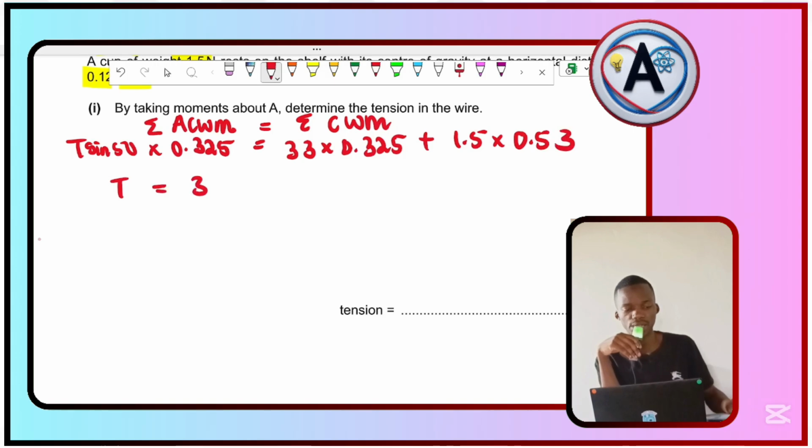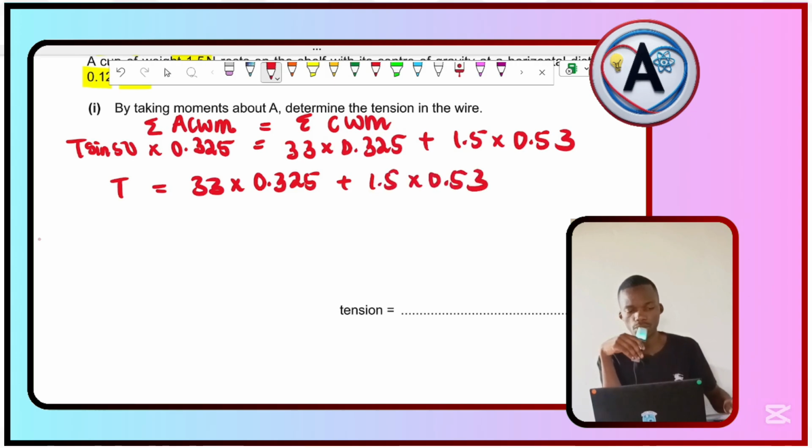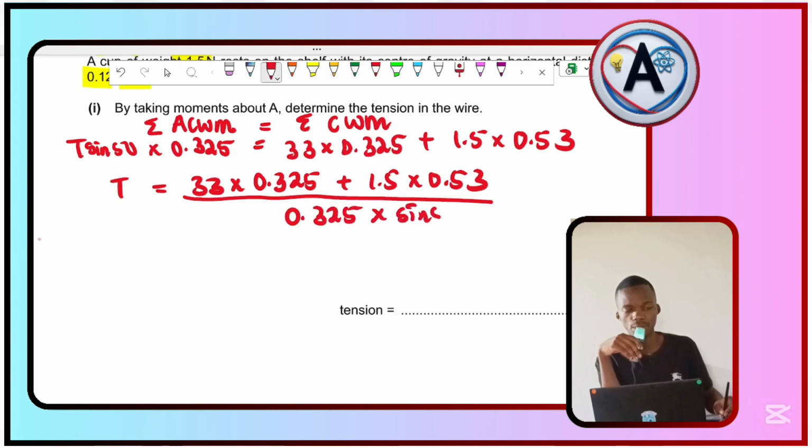So the tension T is going to be 33 times 0.325 plus 1.5 times 0.53, divided by 0.325 multiplied by sine 50.